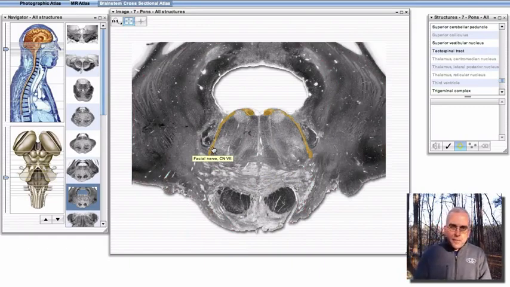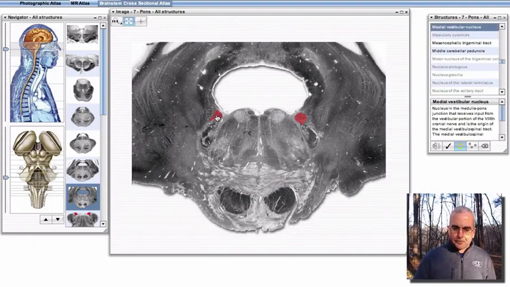The third of these three pairs of nerves at this junctional region is the vestibulocochlear nerve, and at this level we're beginning to get into some of the nuclei that are associated with that nerve. This is one of the vestibular nuclei that we have in this region of the pons. Here's another one.